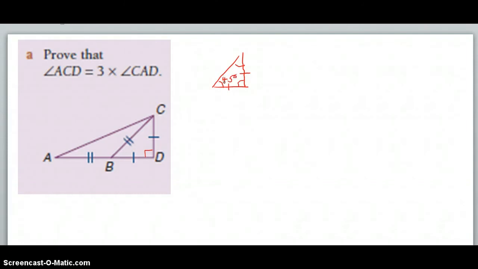Okay, because the base angles in a triangle need to add up to 90, plus this other 90 is 180 degrees. And therefore, if I extend this line here, the angle here will be 180 degrees minus 45 degrees.